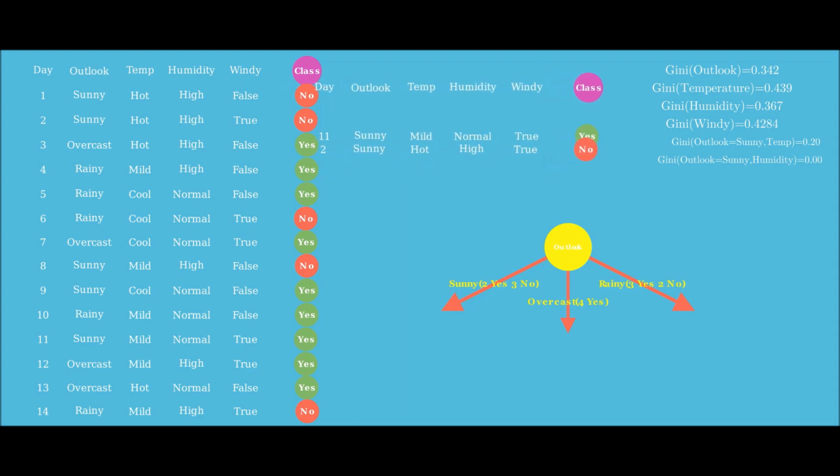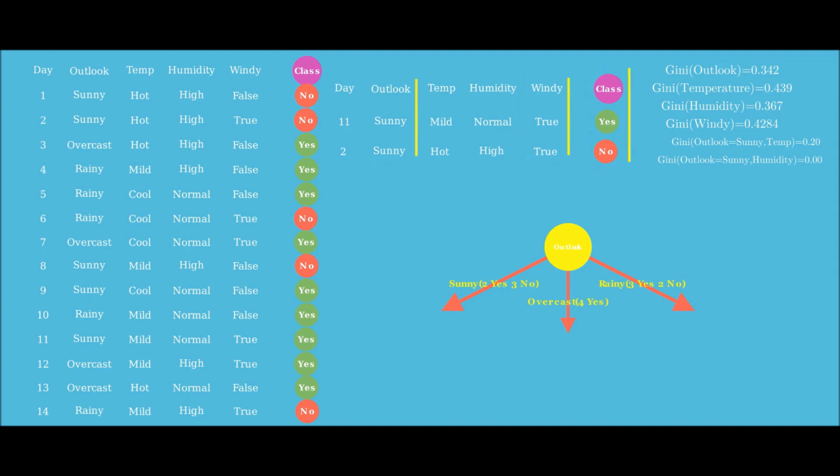You can see that there are two classes, yes and no. So in this case the Gini index will come 0.50 because classes are uniformly distributed. So in these cases Gini index will always come 0.50.